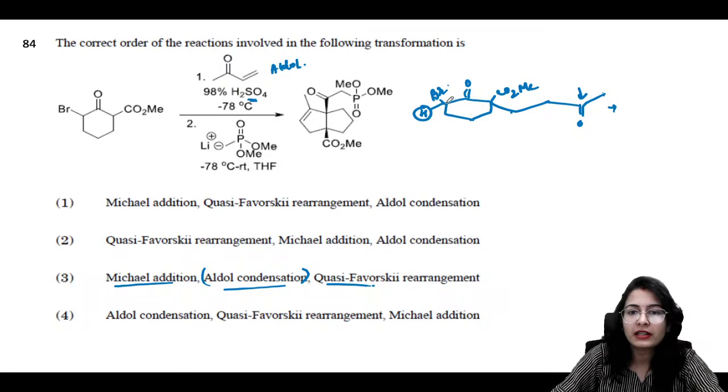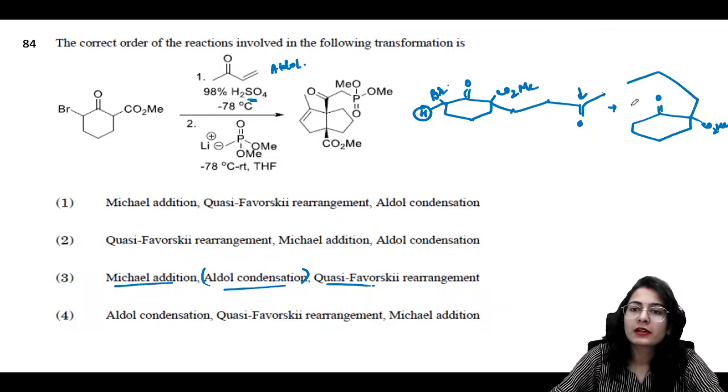How many membered ring? See these: 1, 2, 3, 4, 5 and 6. A six-membered ring is going to form, which is a little bit difficult to write. Let's write this CO2Me here. These 3 carbons come over here, and there should be your carbonyl over here.